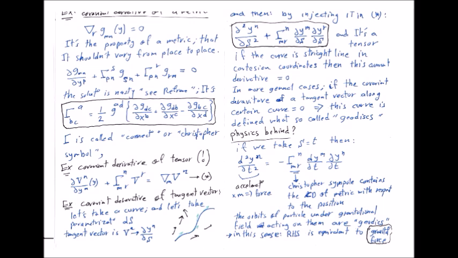multiplied by Vr in x. This new term is called the connection, and we use gamma as a symbol, gamma mn r. I have three indices, m, n, and r. So this term physically expresses the relationship between the axes when we move from place to place, so how the axes or coordinates change from point to point.